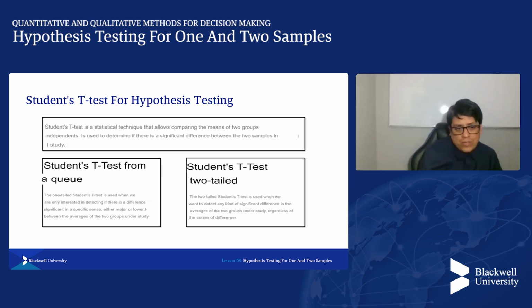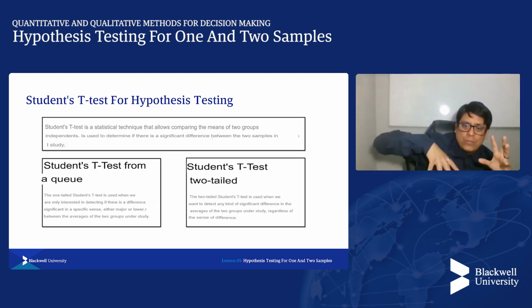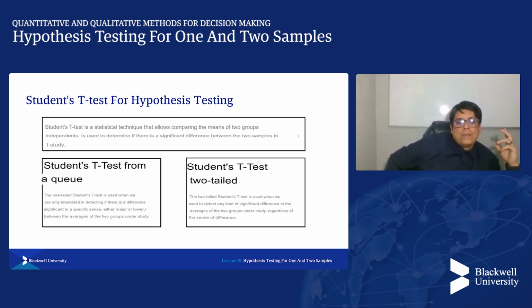Well, then there's the students t-test for one tail, or for two tails. The one-tailed t-test is used when we are interested in detecting whether there is a significant difference in a specific direction. If what we want to demonstrate is that a sample or a population is greater than another population, we use a one-tailed method.